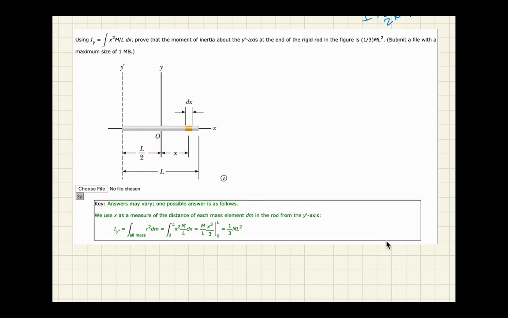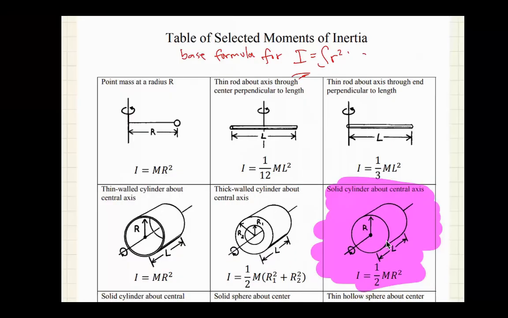So then lastly, this last problem is an example of a problem where you are asked to find a proof of the moment of inertia for a situation. So here we have a solid rod that's rotating around a central axis.